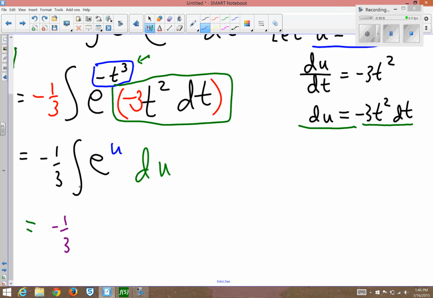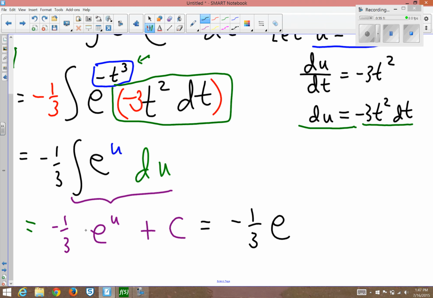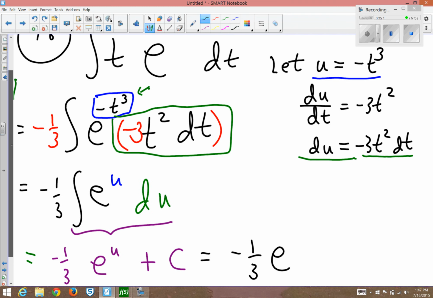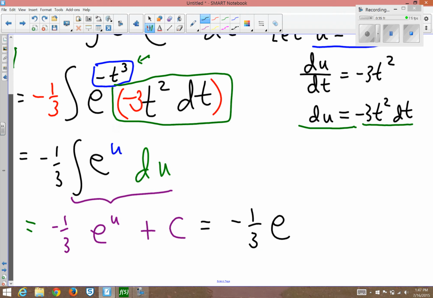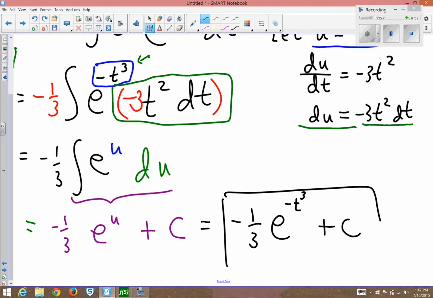I know the integral of e to the u du is e to the u plus any constant. So the final answer is negative 1/3 e to the u, but u is actually negative t cubed, plus c. Just turn the u back into what u equals, and we're done.